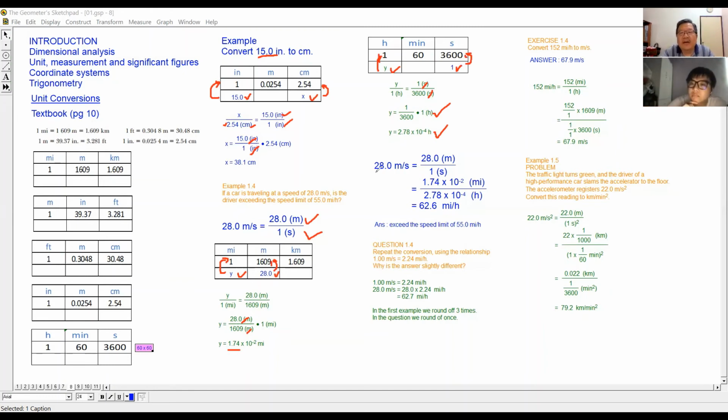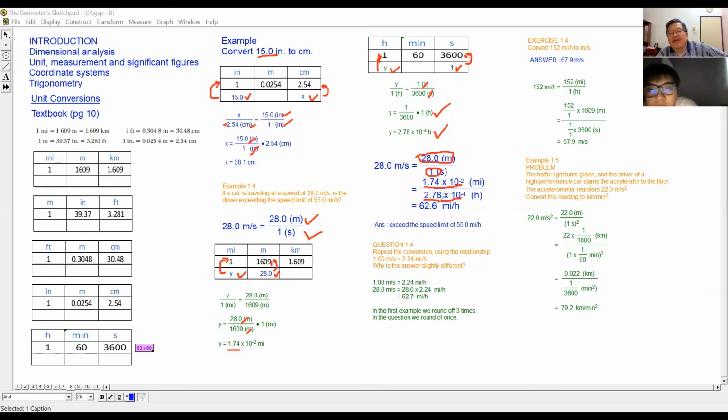Now in my final calculation, I want to convert meter per second into mile per hour. So this 28 meter is replaced with 1.74 times 10 to the power 2, from our earlier calculation. Then the 1 second is converted into 2.78 times 10 to the power minus 4 hour, from the earlier calculation.